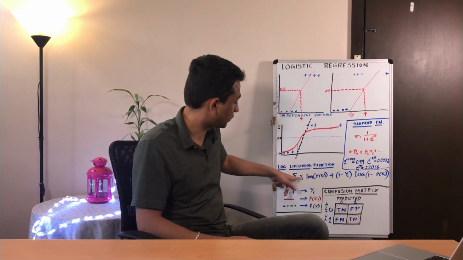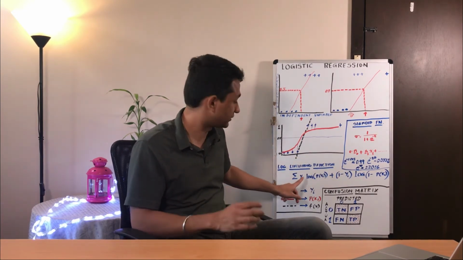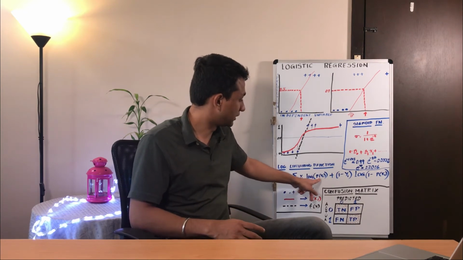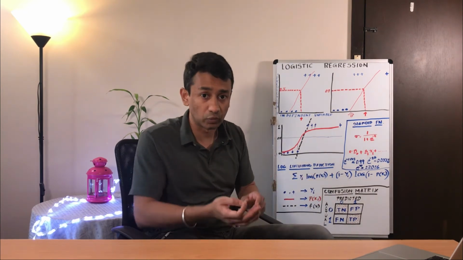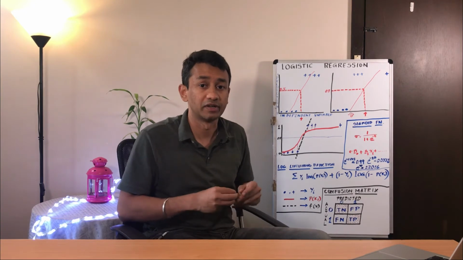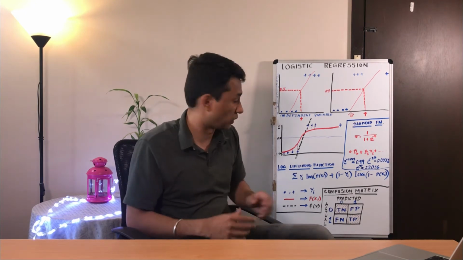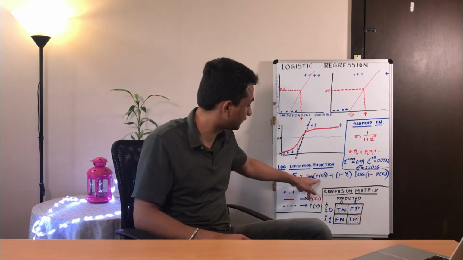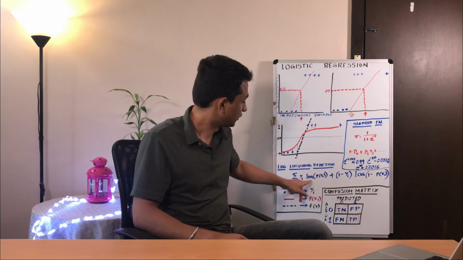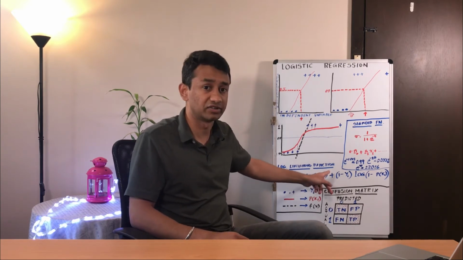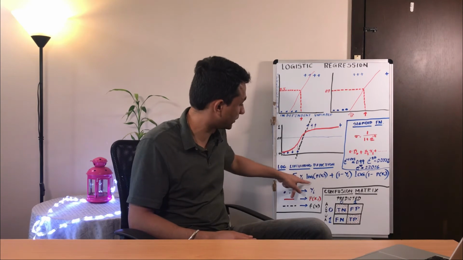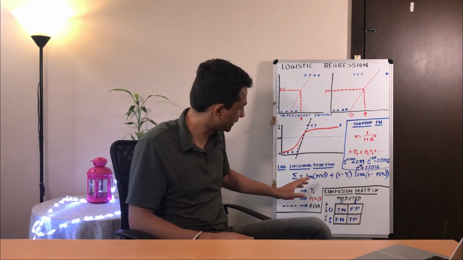We know that when the probability value is closer to 1, the value that we are going to predict is correct. So this value becomes closer to 1. If it is 1, log of 1 is 0. So then this value also becomes 0, which is the minimum.